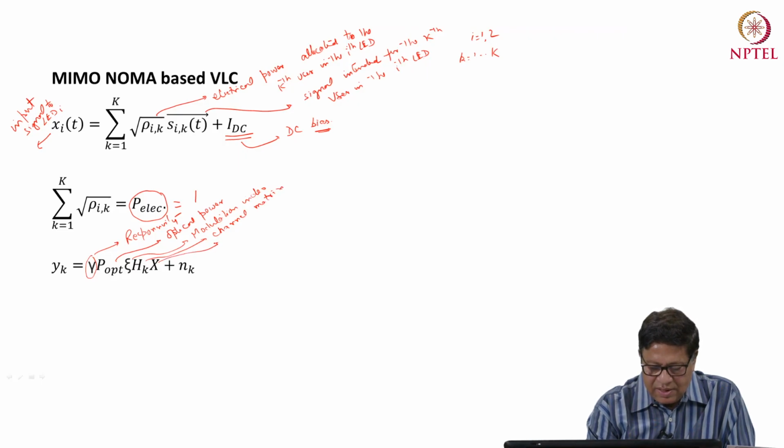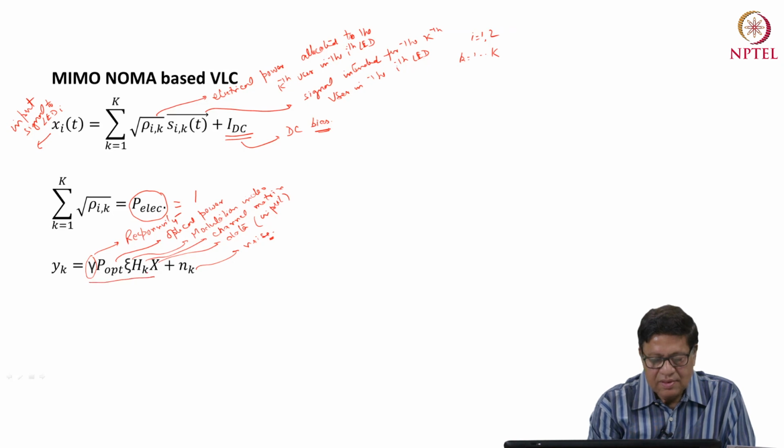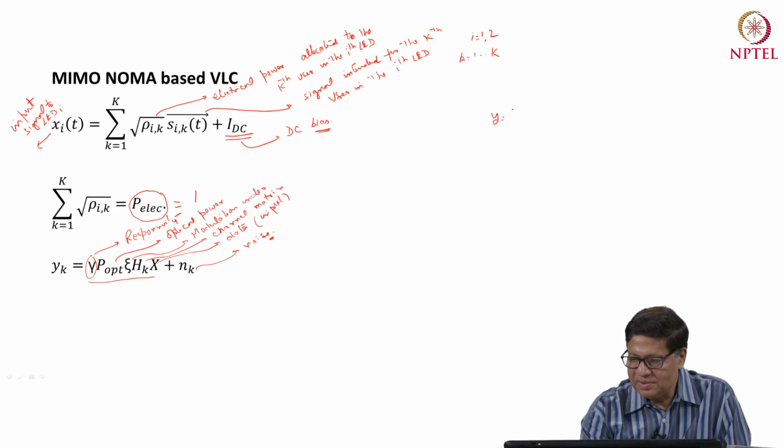And this is the input data, and this is the noise component. So normally you have the received signal as Hx plus N, where N is the noise, H is the channel coefficient, and X is the data.